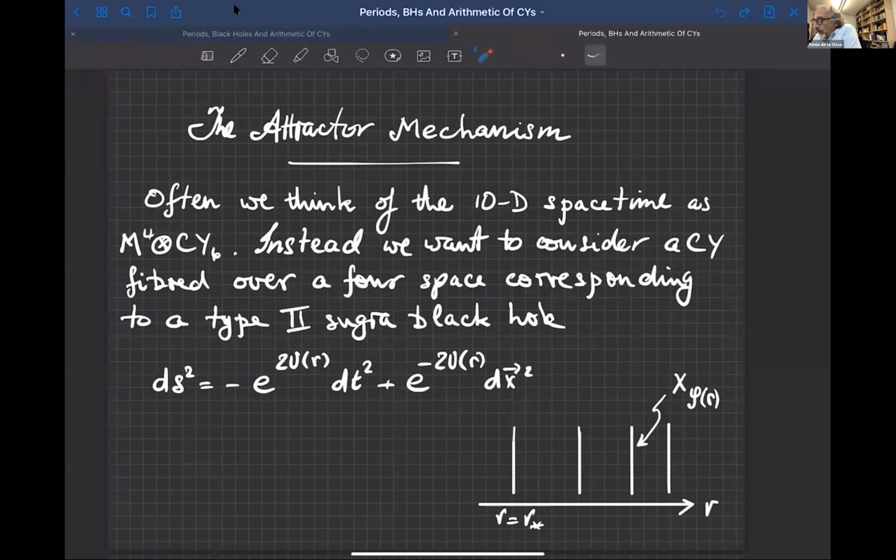So we have a Calabi-Yau manifold fibered over each radius. The manifold has parameters phi, and we should think of phi as a function of the radius, or if you like, r is really the parameter of the Calabi-Yau manifold.